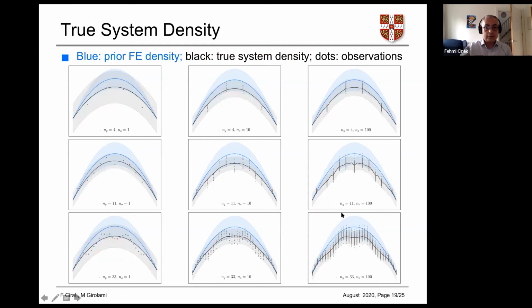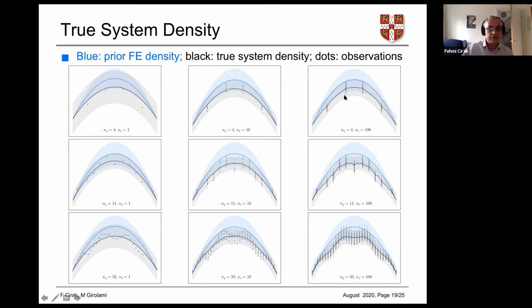And now we look at the true system density, and here, essentially we again have in each column the number of readings constant, and in each row the number of sensor locations constant.